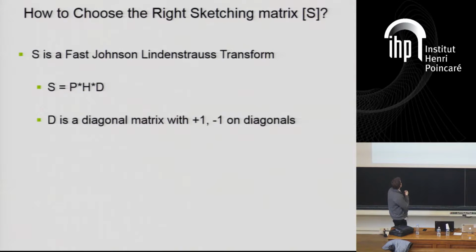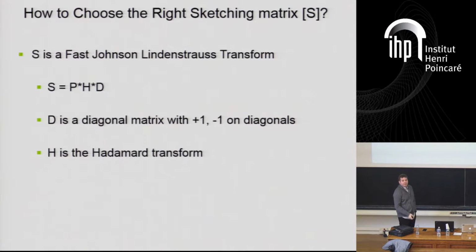D is just a diagonal matrix whose diagonal entries are independent plus or minus 1 entries, each 1 with probability 1/2 and minus 1 with probability 1/2. I can apply that to an n-dimensional vector in order n time.